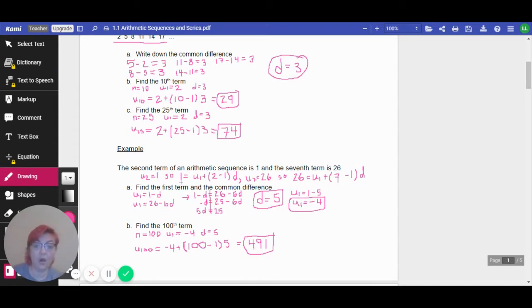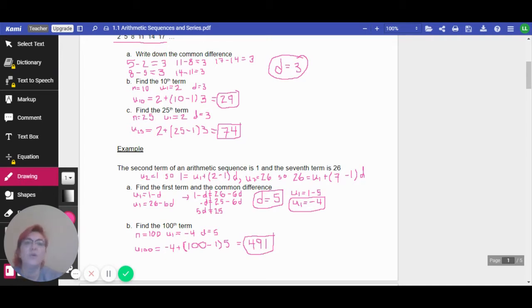So that means that 1 is equal to the first term plus 2, which is n, minus 1 times d, or the common difference. I also wrote that since u of 7, or the 7th term, is 26, 26 equals the first term plus 7 minus 1 times the common difference.